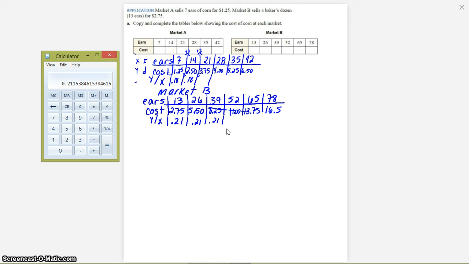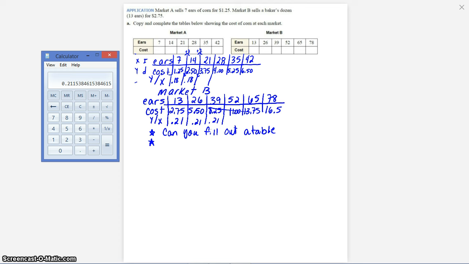So what I hope you got out of this is how to fill out the table for a direct variation. I'm going to write that down actually. Can you fill out a table? That's one thing. And the second thing I would like to know that you got out of this is that you can find that Y divided by X value, that constant value.